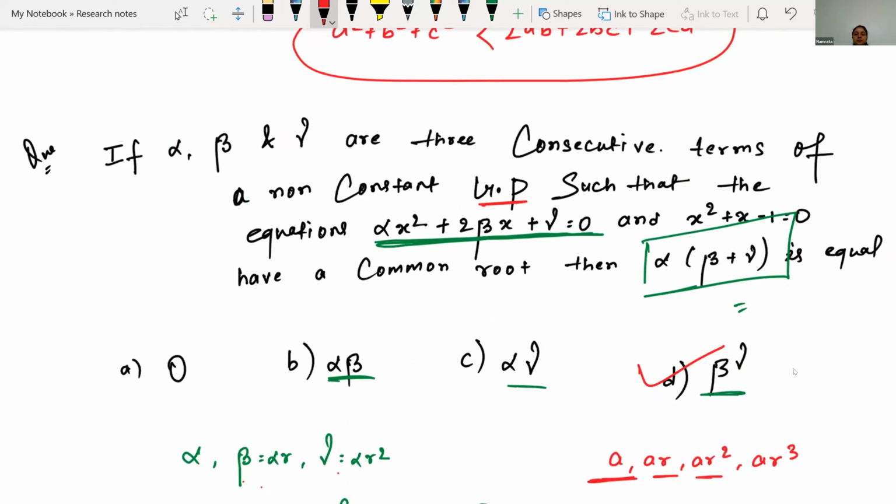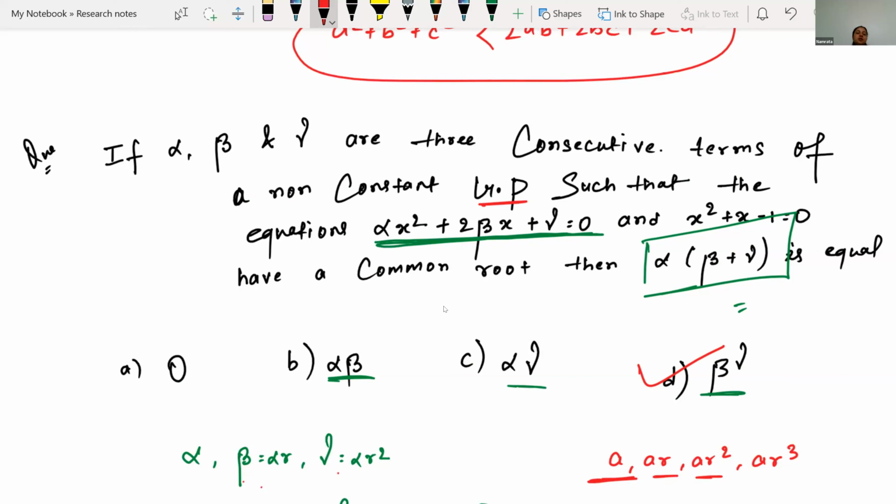Got it? It's clear, right? So let's see the summary of what we have done. Alpha, beta, gamma were the 3 consecutive terms of a non-constant GP, meaning geometric progression. As you know, the general form of a geometric progression is first term a, ar, ar square, ar cube.